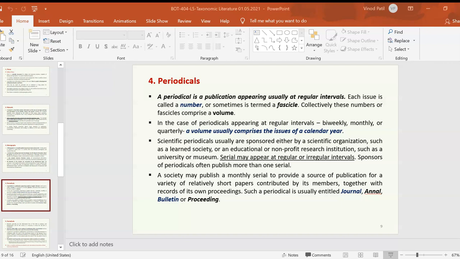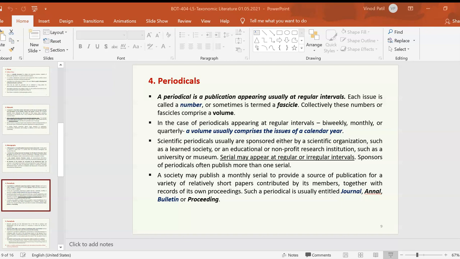They can publish because they have eminent people, or an educational or non-profit research institution. Previously our institute was also running a certain kind of periodical, but for today's date there are no periodicals by the university or institute.